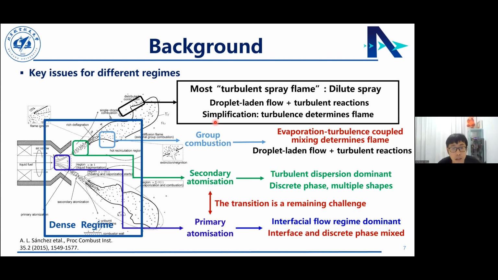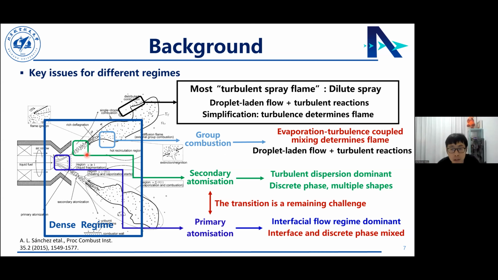Further upstream is the secondary atomization. In this regime, another atomization process, as we have just defined, is the primary atomization. There's one difference between the two, from my perspective.